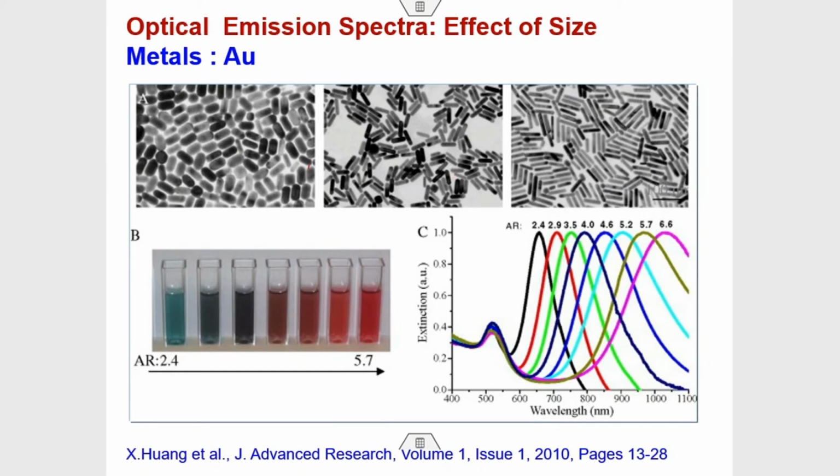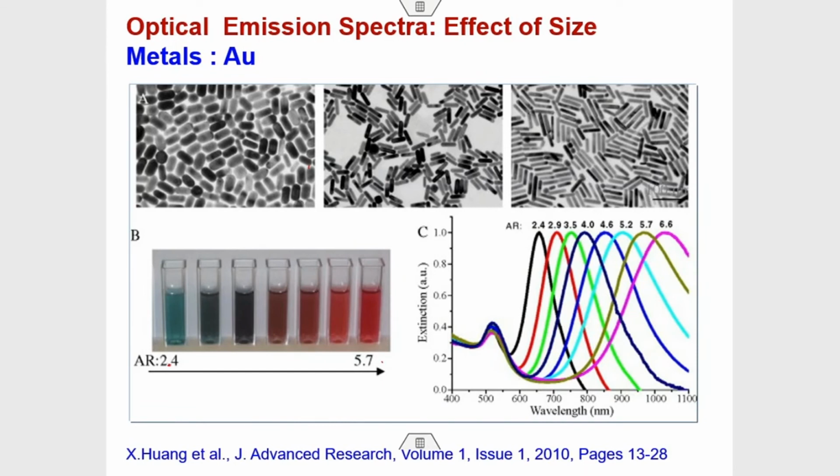The aspect ratio keeps increasing from left to right. Gold nanorods of different aspect ratios will exhibit different dimensions and different kinds of SPR. As you clearly see here, with aspect ratios from 2.4 to 5.7, the size may not vary too much, but the aspect ratio can lead to different emission.